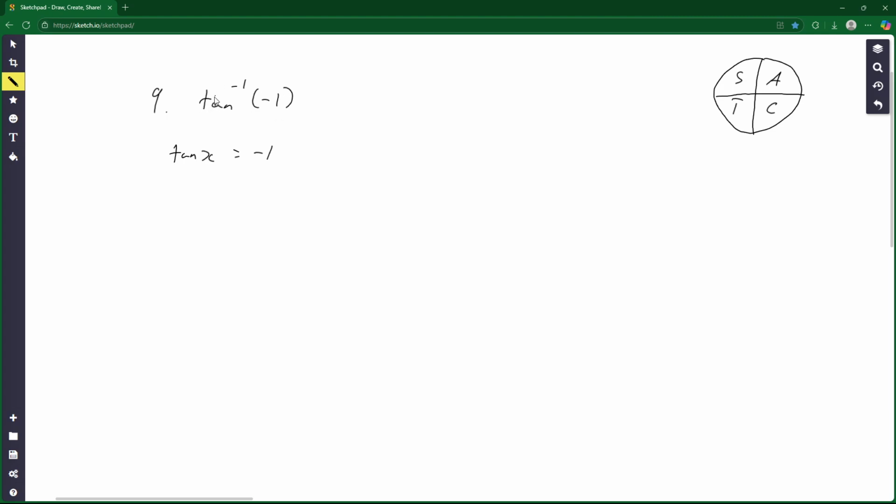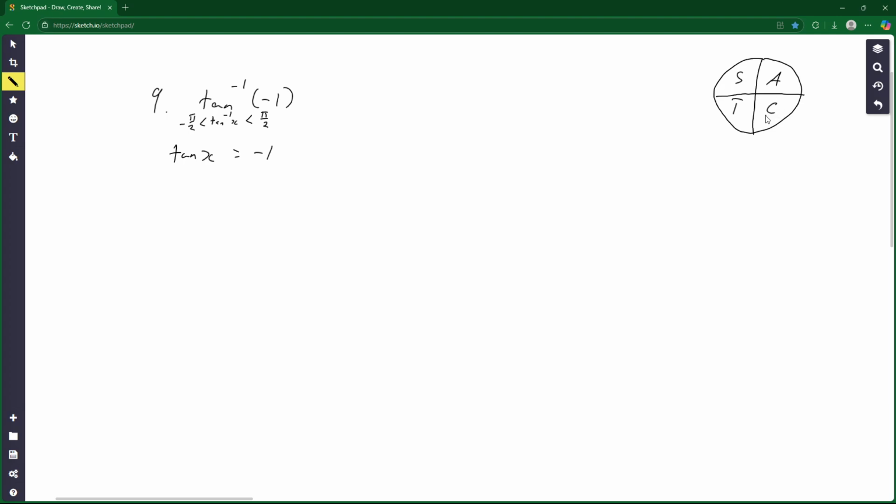For this, our domain is going to be negative pi over 2 and pi over 2. So it's going to be between quadrant 1 and quadrant 4. Since it's negative, it's going to be in quadrant 4.